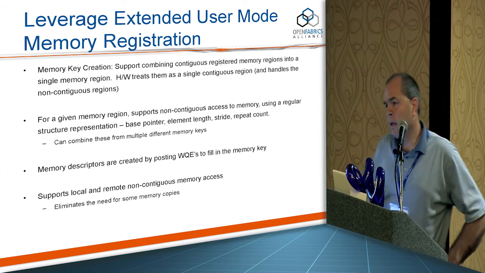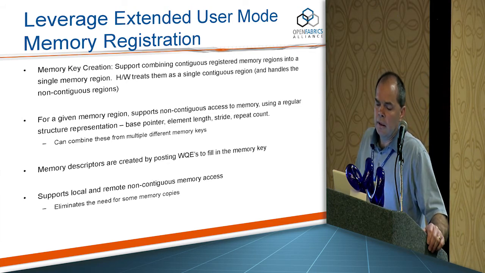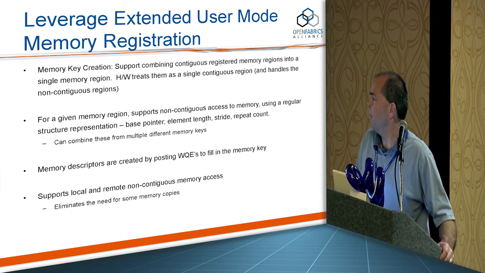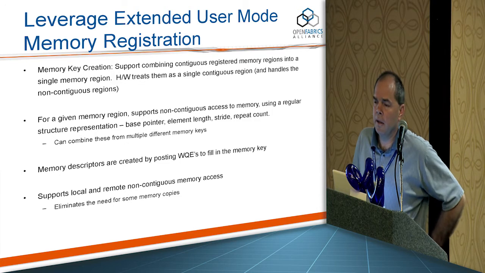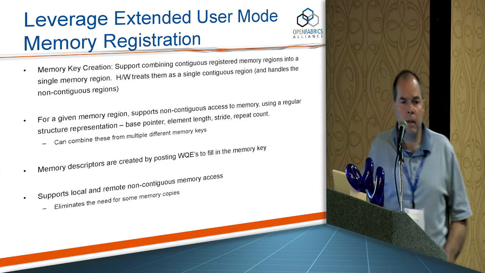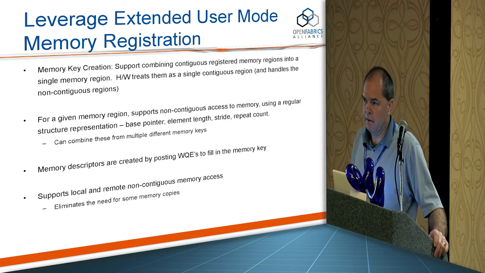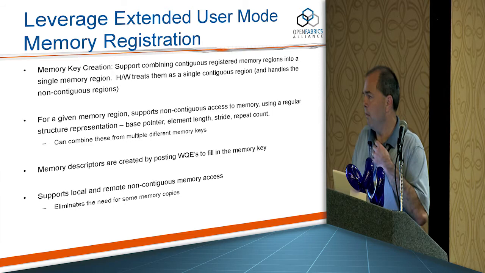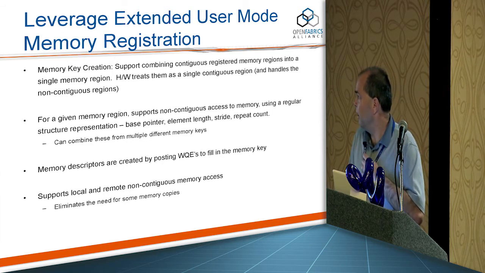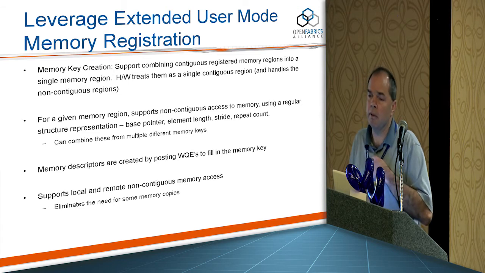So as I said, this feature relies on an additional feature that's supported in our HCAs, and that's the ability of hardware to deal with non-contiguous memory beyond just the SGE lists that are defined in the Verbs interface today. This feature is called the user mode memory registration.